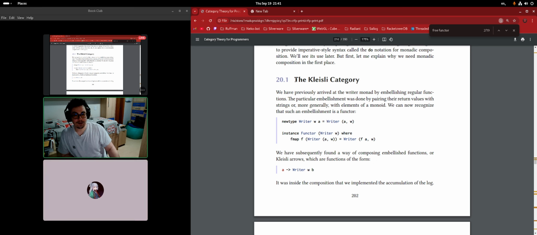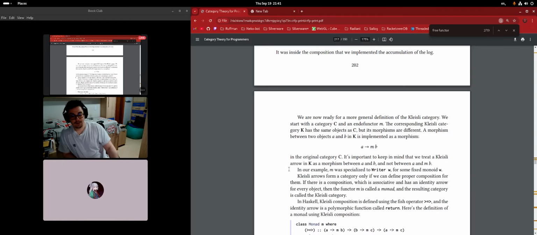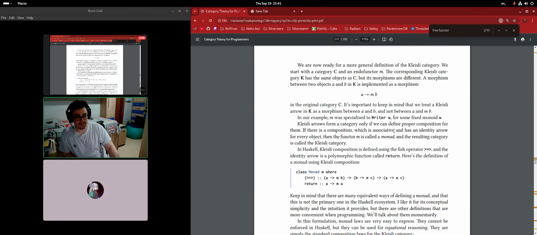So then we're gonna go back to the Kleisli category thing with the writer that we saw before. We want to keep doing logs in a very seamless way instead of having to pattern match and reconstruct. And this definition is pretty interesting.